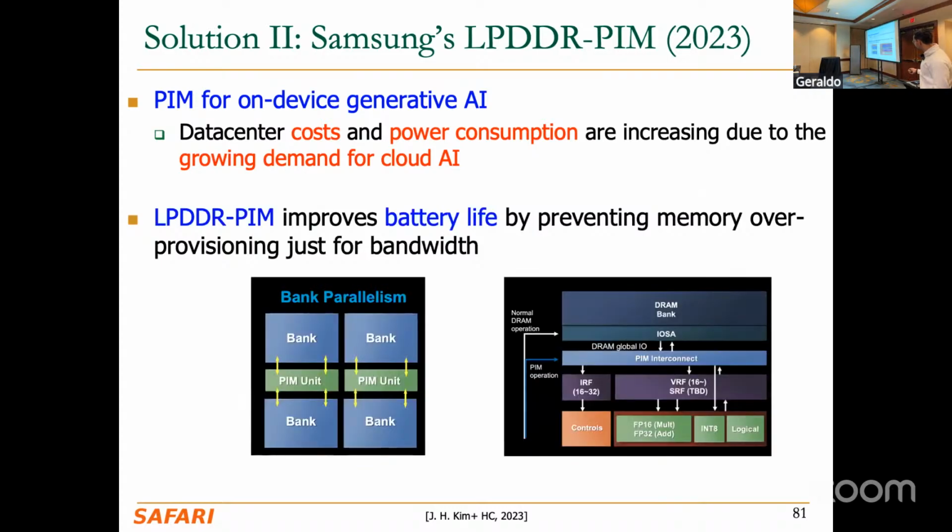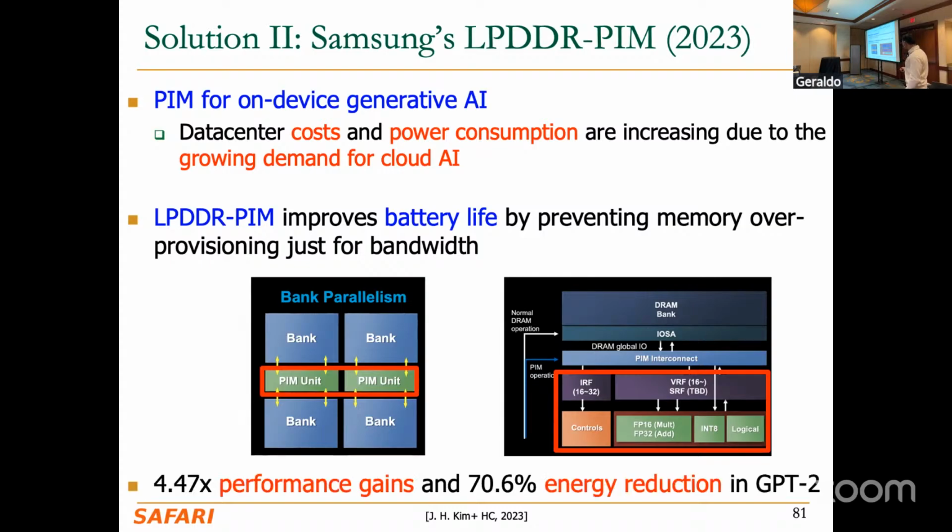Again, the architecture is very similar to the architecture of the HBM PIM chip, but the form factor in which they put those multiply and accumulate floating point fixed functional units is different from the HBM one. Again, they show some good performance and energy gains when accelerating GPT-2 with this low power DDR PIM-based system.